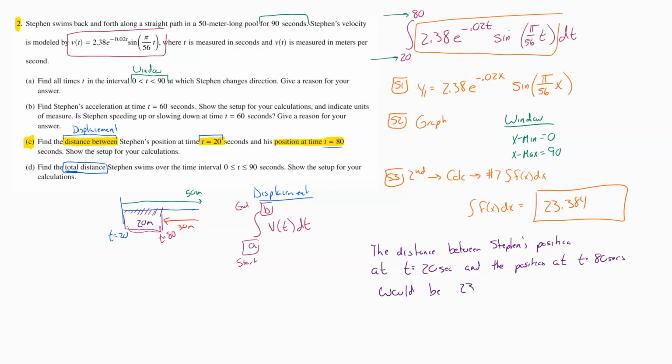So 23.384, and then that would end up being meters because we're talking through this in meters per second, if you look back up at your original interval there. So this would be meters, 23.384.